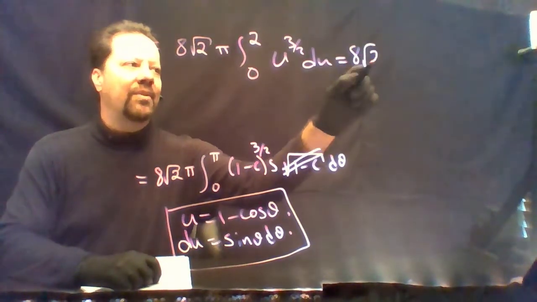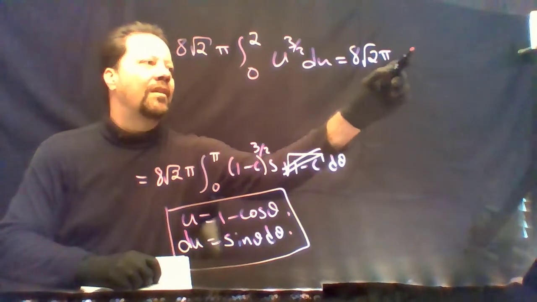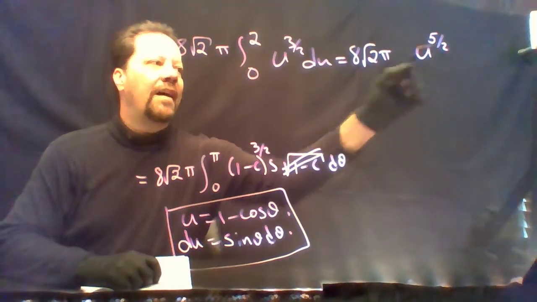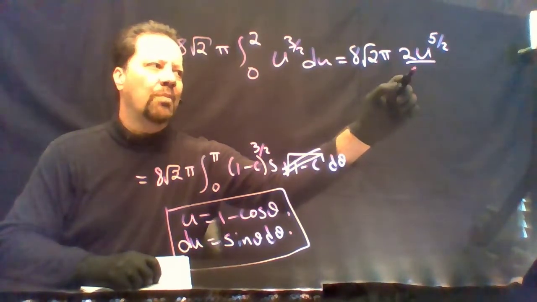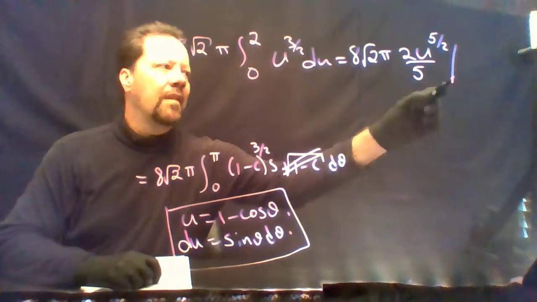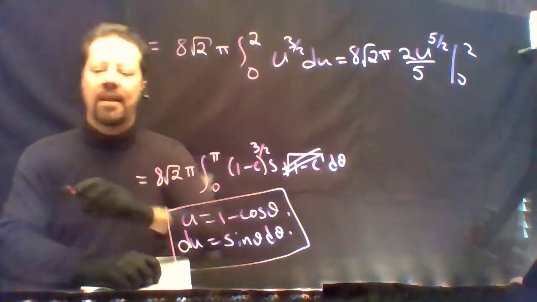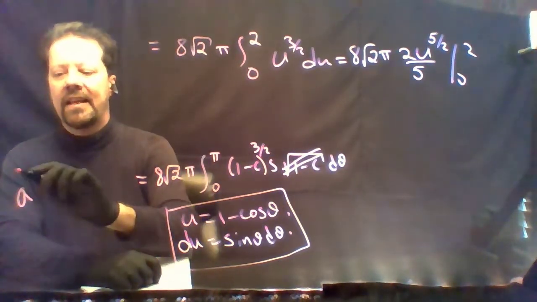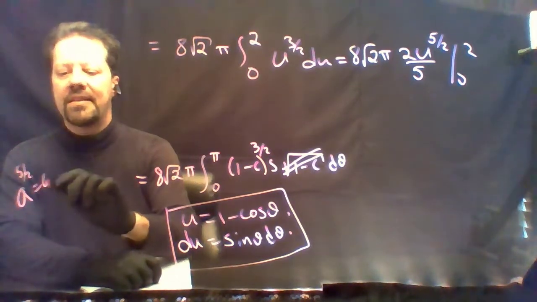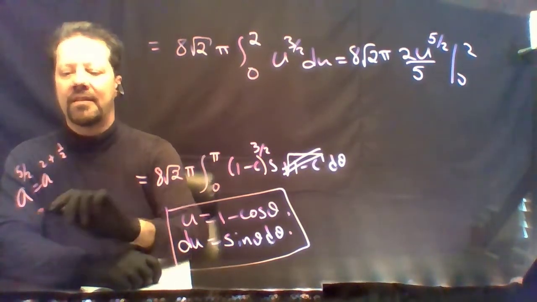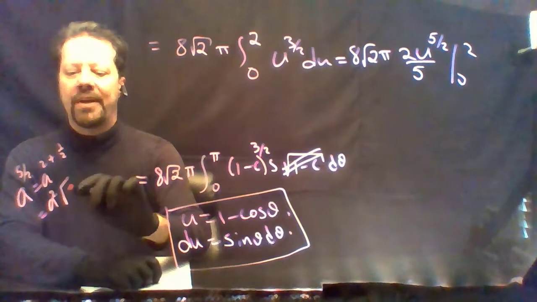Integrating, we have 8 root 2 pi, u to the 5/2, divided by 5/2, which is multiplied by 2/5, evaluated from 0 to 2. Keeping in mind that a to the 5 halves is a to the 2 plus a half, and that's a squared root a.